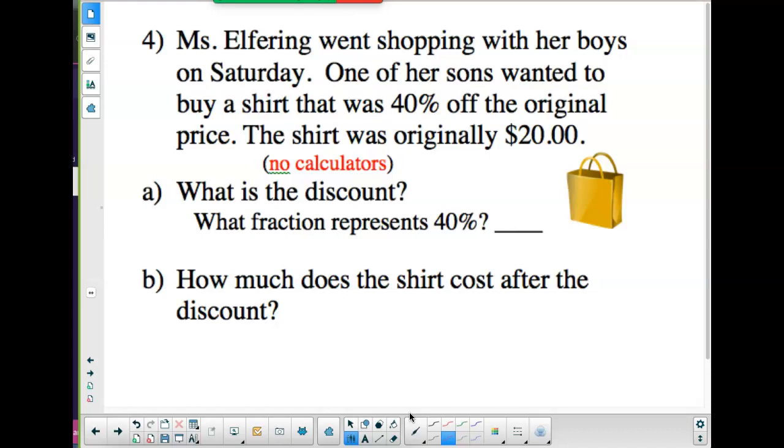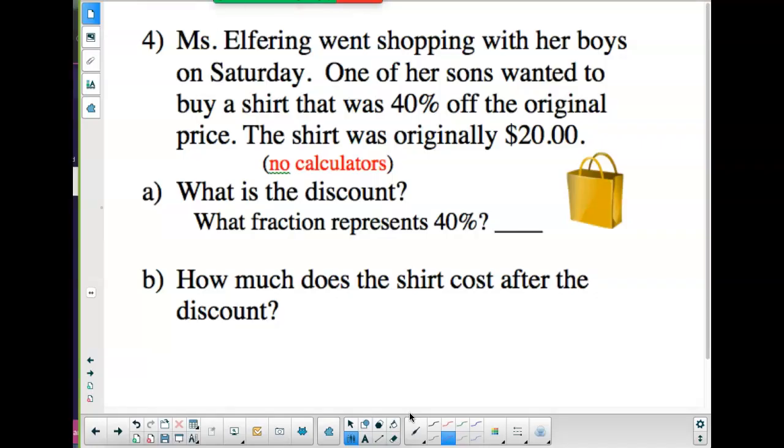One of my kids wanted to buy a shirt that was 40% off the original price. The shirt was originally $20. What is the discount? So what fraction do you think represents 40%? This isn't on our list, but let's think about this. If 20% is 1/5, what do you think 40% is?